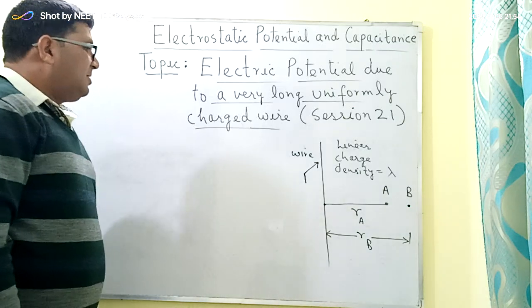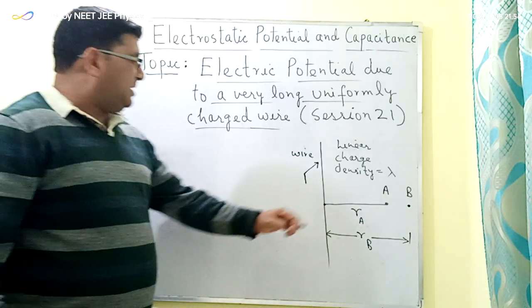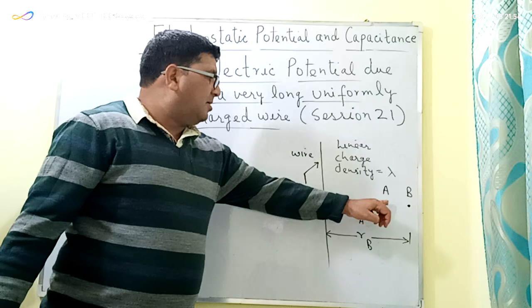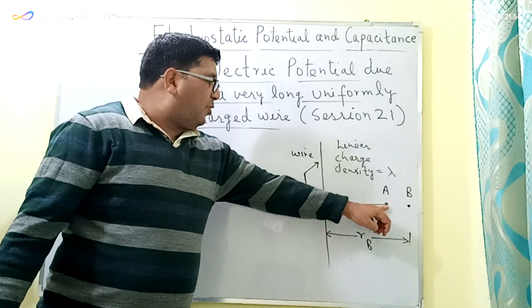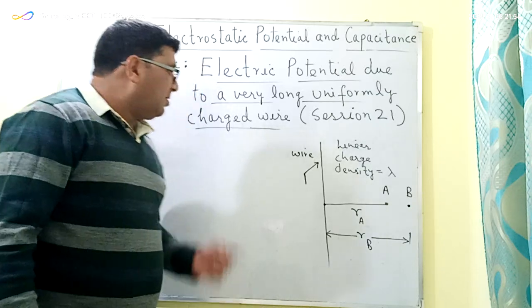So we have to find the potential at the point B if the potential at the point A is known to us.